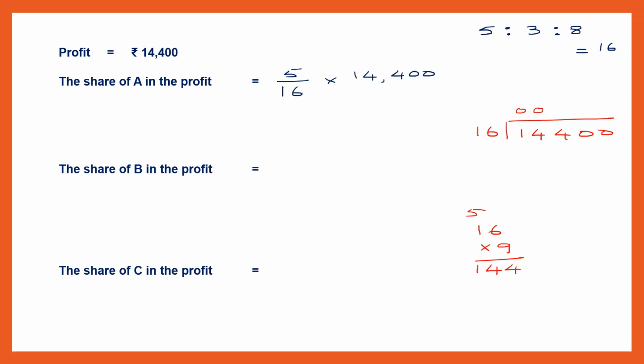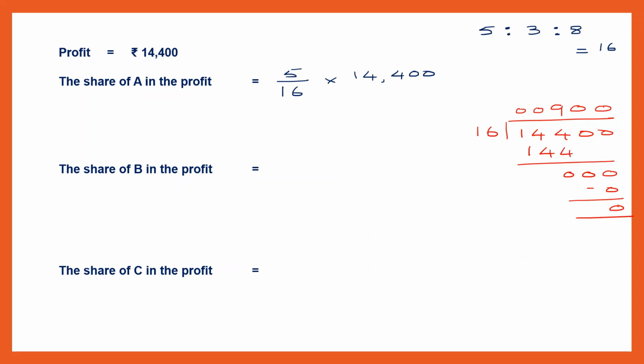So 16 into 9 is 144, minus, then we have 0. Carry that 0 up and a 0, one more 0. So the remainder is 0. What do we have here? 900. So 16 into 900 will give us 14,400.